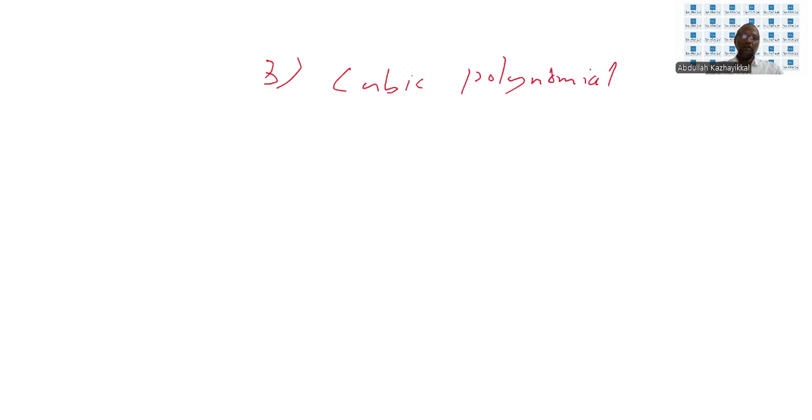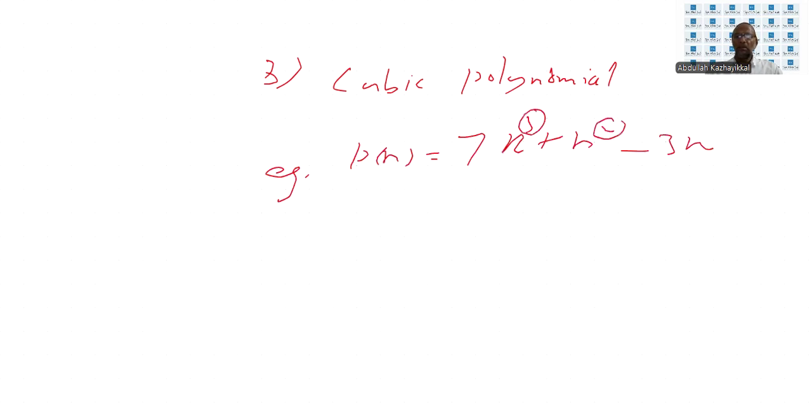Example: p(n) is equal to 7n cube plus n square minus 3n. Here the power is 3, here 2, here 1, but we take the highest power. So I am the most powerful, and 3 we have to take. The power of the variable is 3.